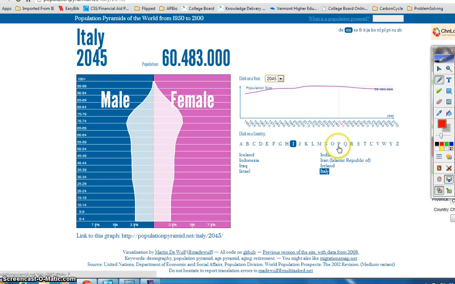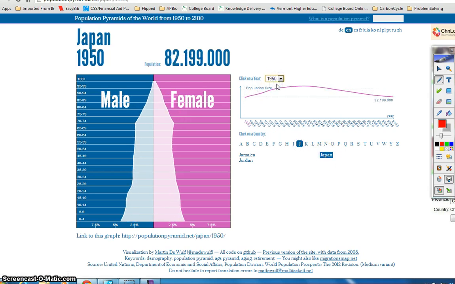Let's take a quick look at Japan that we talked about already, and let's go back to 1950.